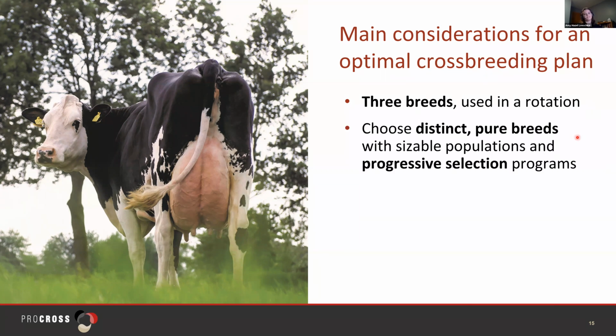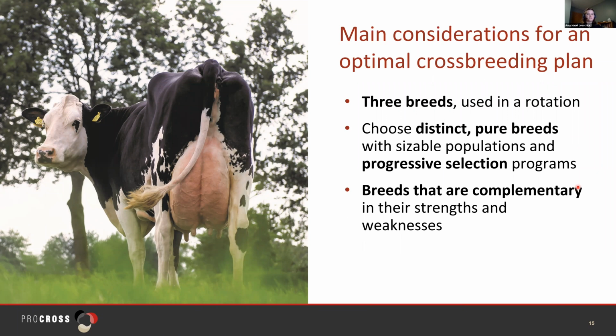We want to use distinct and pure breeds with sizable populations. If you have a breed with small populations, they're not going to make the same level of genetic progress with time as some of these bigger breeds, and that will be a hindrance to the crossbred as well. And then we want them to have progressive selection programs that are really targeting the traits that are important for your environment.